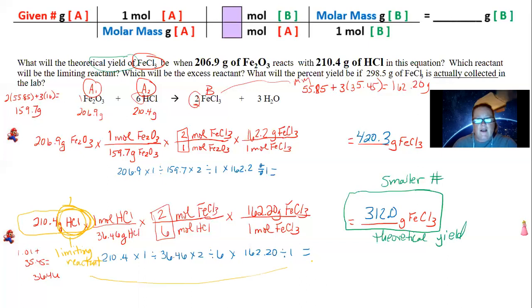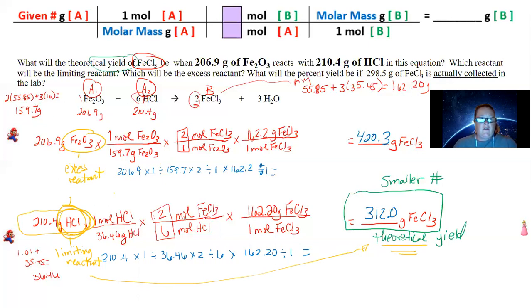So the limiting reactant is the one tied to the one that gives us the smaller number. By default, that makes this the excess reactant. So we have just answered our next two questions.